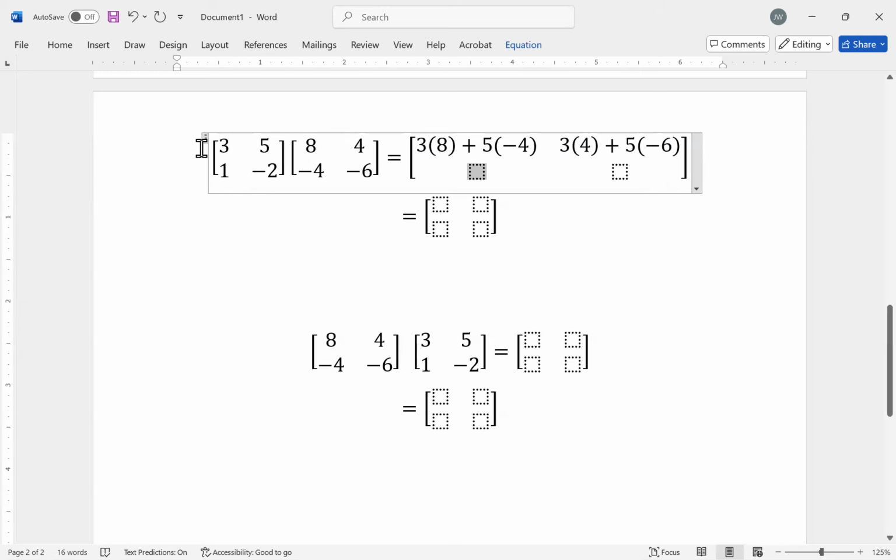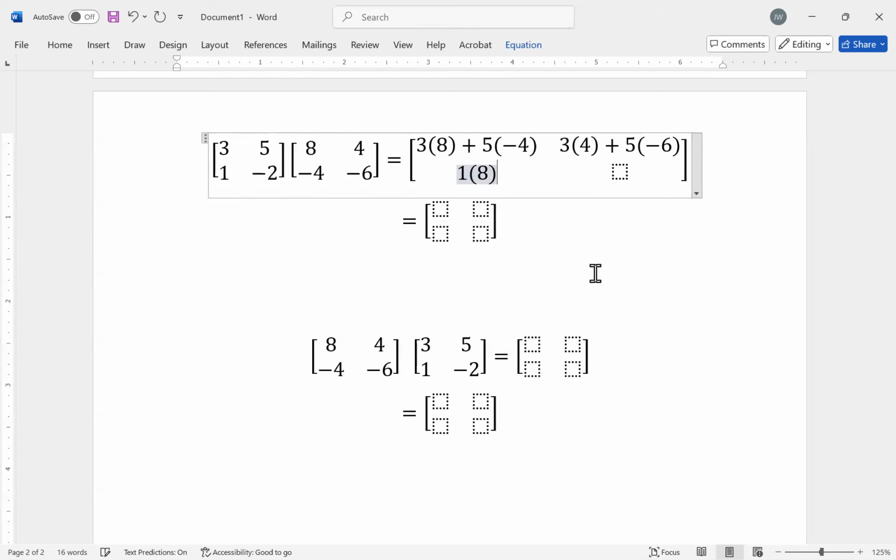Then my first row has multiplied times all of the columns. So then I move on to my second row. My second row is going to multiply the first column of the second matrix. We go 1 times 8 minus 2 times negative 4. That'll give me the 2, 1 entry of my resulting product.